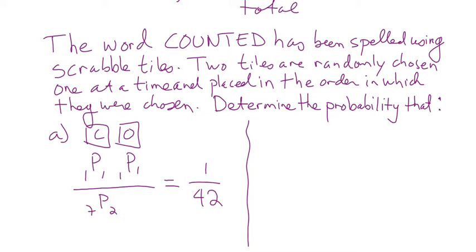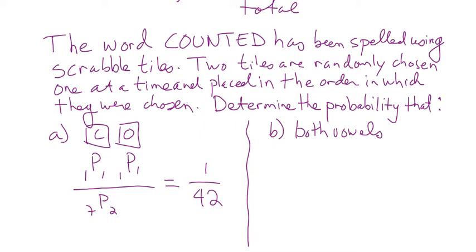Really, that's the probability that we get any two particular letters in a given order. But what if they are both vowels? How many vowels are there? 3. And how many of them do we need? 2. And does the order matter? Yeah.